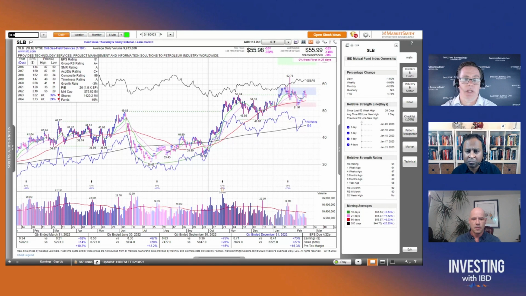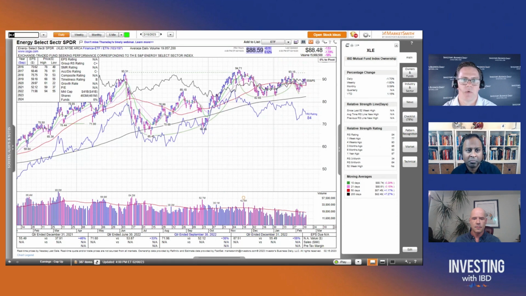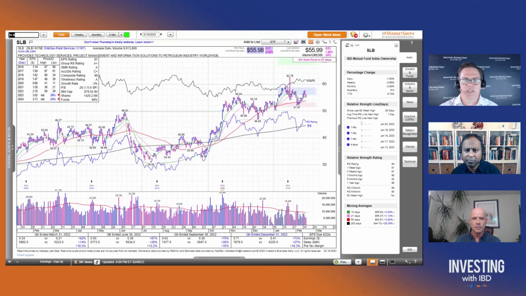That's held up a lot better. Or to Arusha's point, XLE, which is dominated by ExxonMobil, XOM, looks very different than the U.S. explorers and producers. So do you have to drill down and notice this bifurcation within the sector?